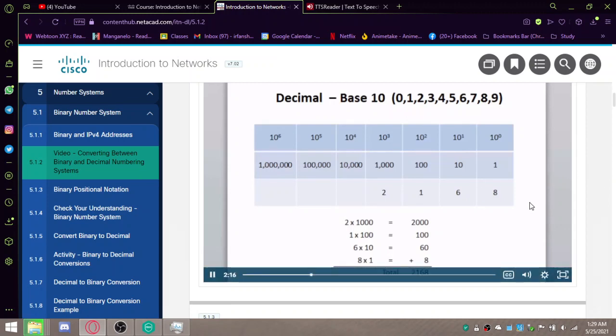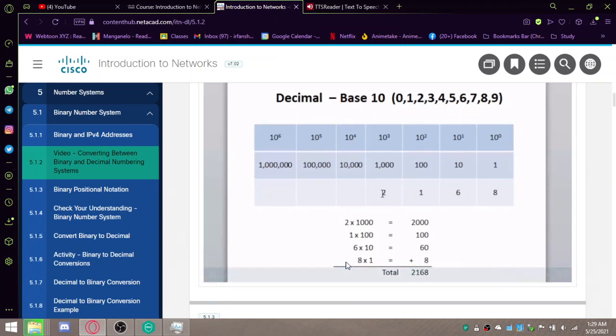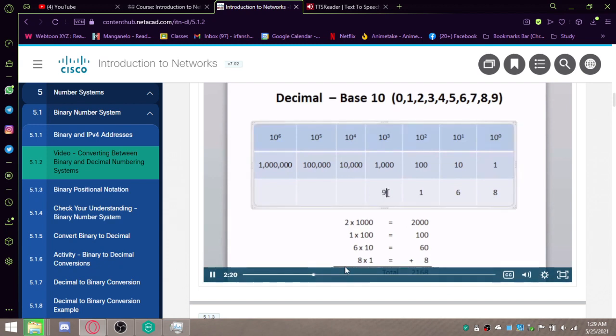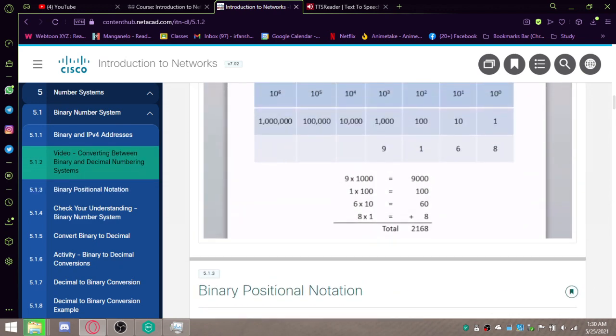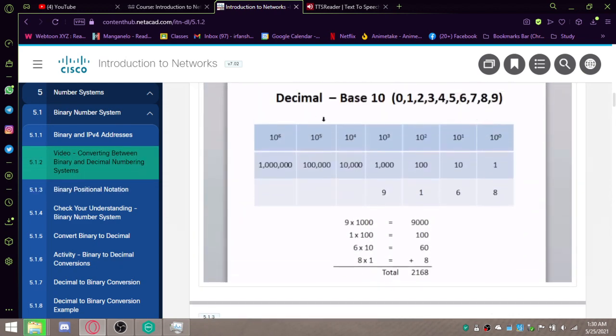If I had the number 9,168, I'd simply replace the 2 here with a 9, and now I have 9 1,000s totaling 9,000 in the 1,000s place. So in any one of these place values, you can have the number 0 all the way up to 9. This is the base 10 decimal number system.